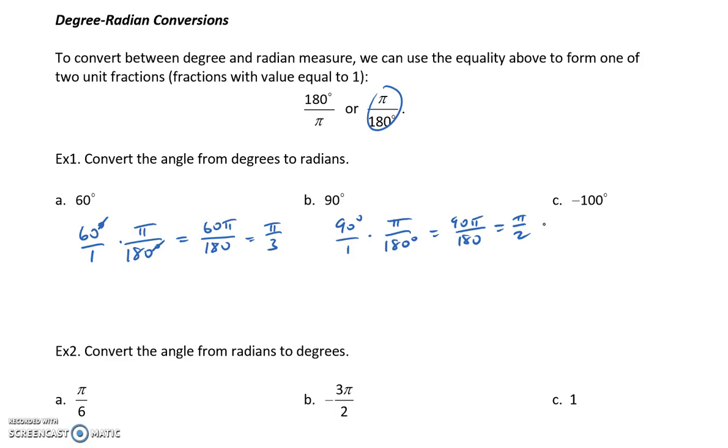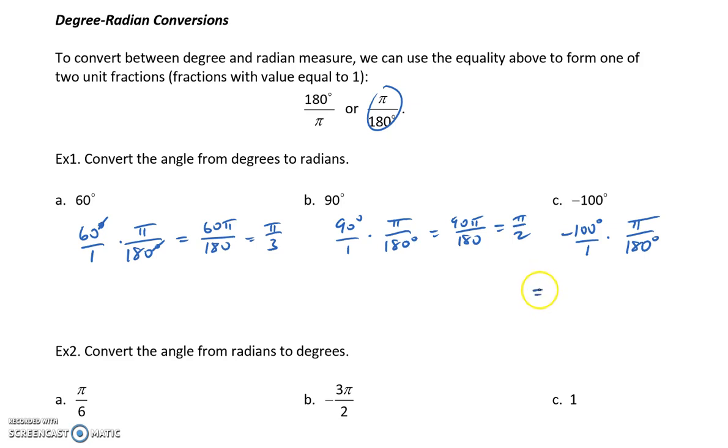And then our third example is a negative angle measure in degrees, but that's not really going to affect how we do the computation. It's just a negative measure, so it's going to have a negative radian measure too. Right? Negative 100 degrees over 1, multiply by pi over 180 degrees.